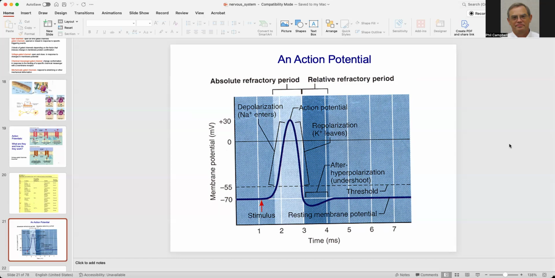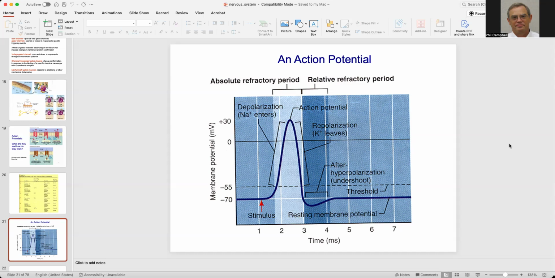Now, here is your membrane potential. Remember, it's at minus 70. Unstimulated, it's minus 70. There is a threshold potential which must be achieved in order to initiate opening of those voltage-gated sodium gates, okay? And in this particular example it's minus 55.